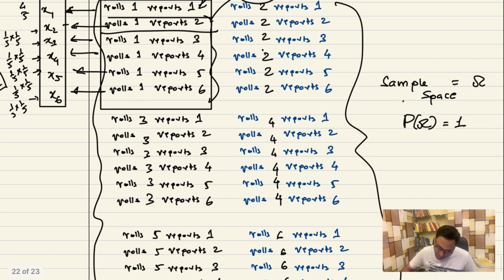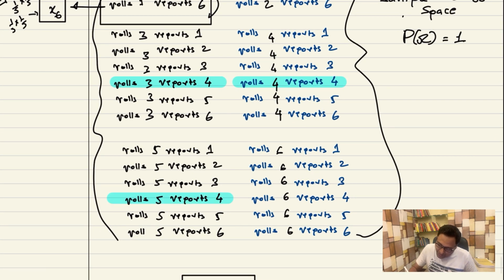That's when he rolls 1 and reports 4, rolls 2 and reports 4, rolls 3 and reports 4, rolls 4 and reports 4, rolls 5 and reports 4, rolls 6 and reports 4. These are all the cases where he reports 4.